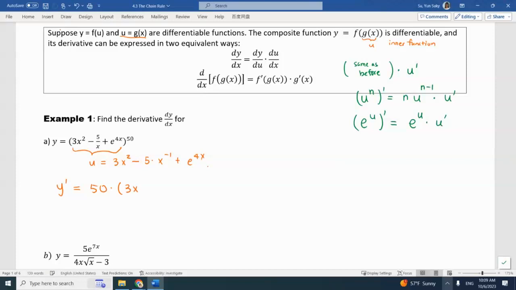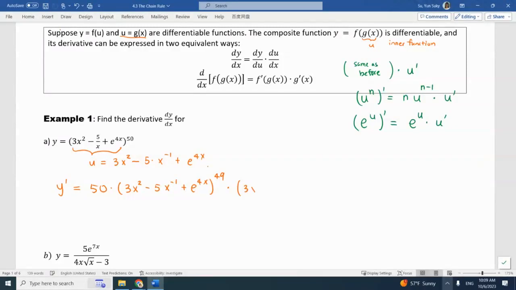Your u is 3x squared minus 5x to the negative 1 plus e to the 4x. That's u to the 49. And see, 50 u to the 49 times u prime, right? So write down your u.